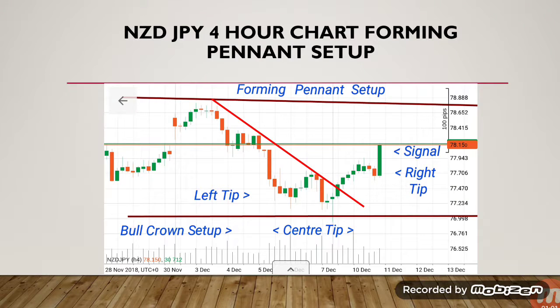Now this was a setup on the FX Pro trading platform, which is the one that I actually use for live trade execution and for my chart analysis. However, when it comes to actually determining the entry signal, the actual signal that we're going to be trading, I use the FXCM platform, mainly because I found that the candle that they provide is based on the New York close of the daily candlestick signal.